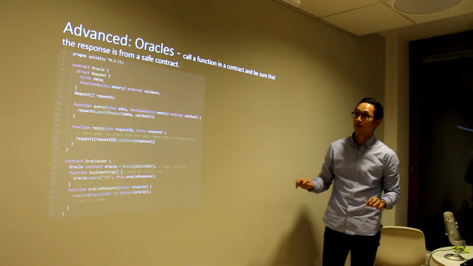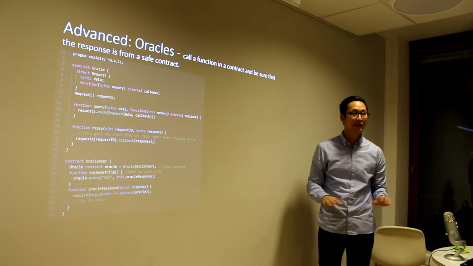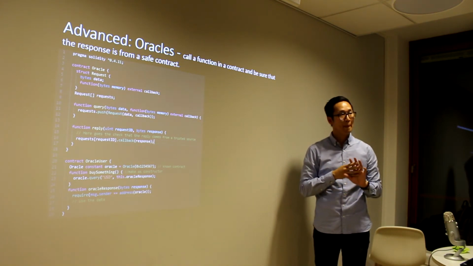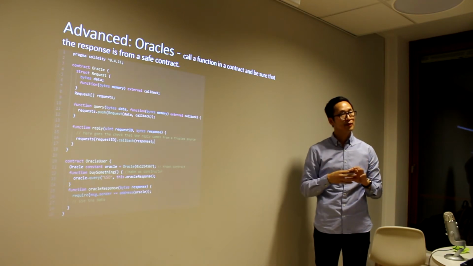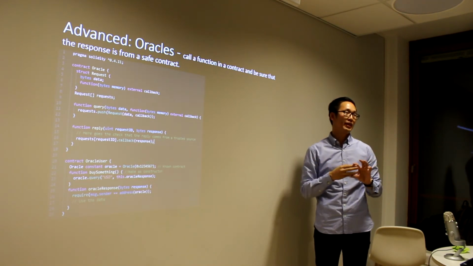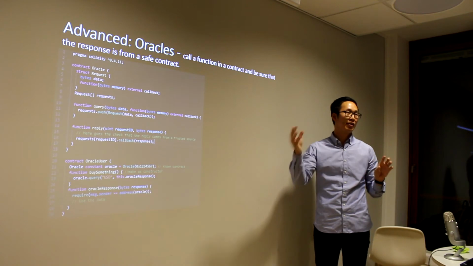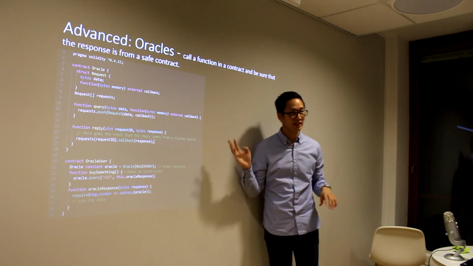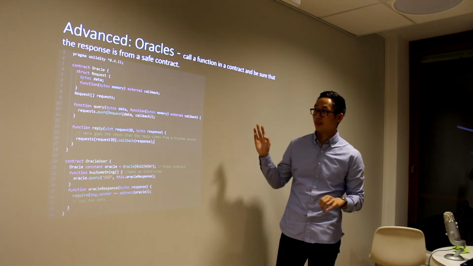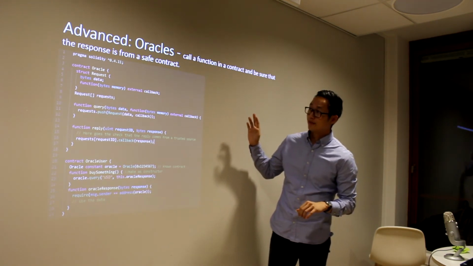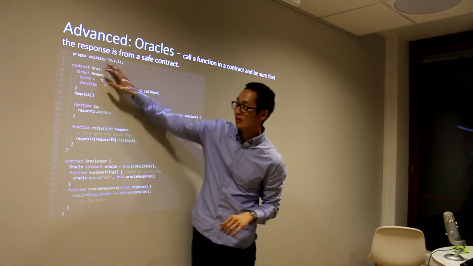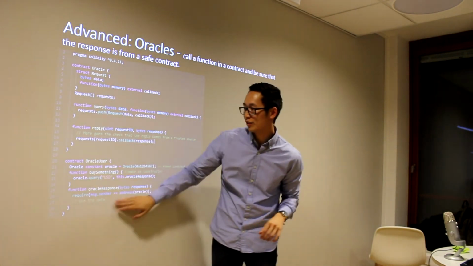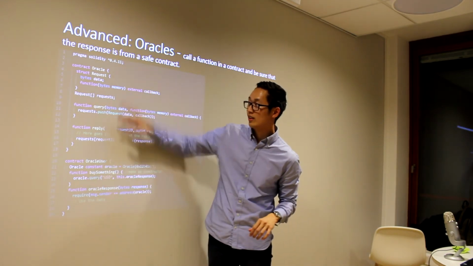Now to some more advanced stuff called oracles. Sometimes you want to get data from a web service or from the real world somehow. Then you can use something called oracles. Here we have the oracle contract, and here we have someone that wants to use the oracle.